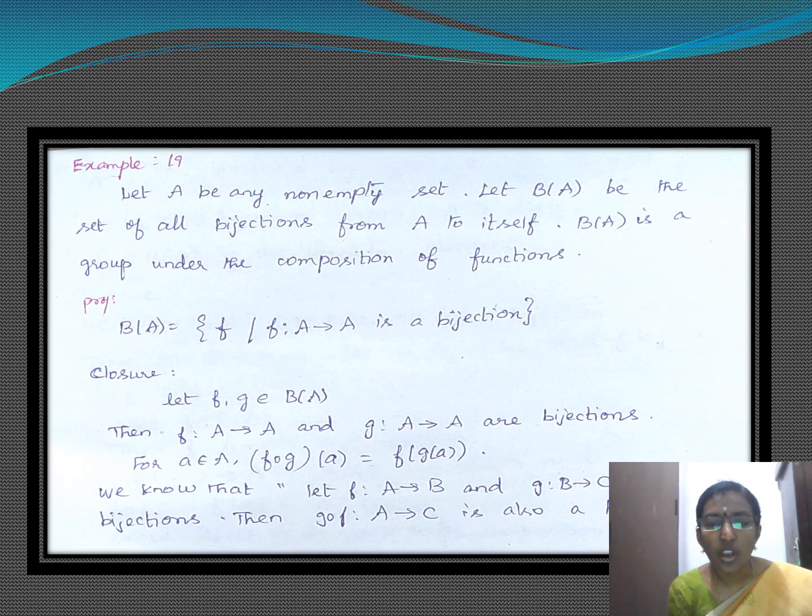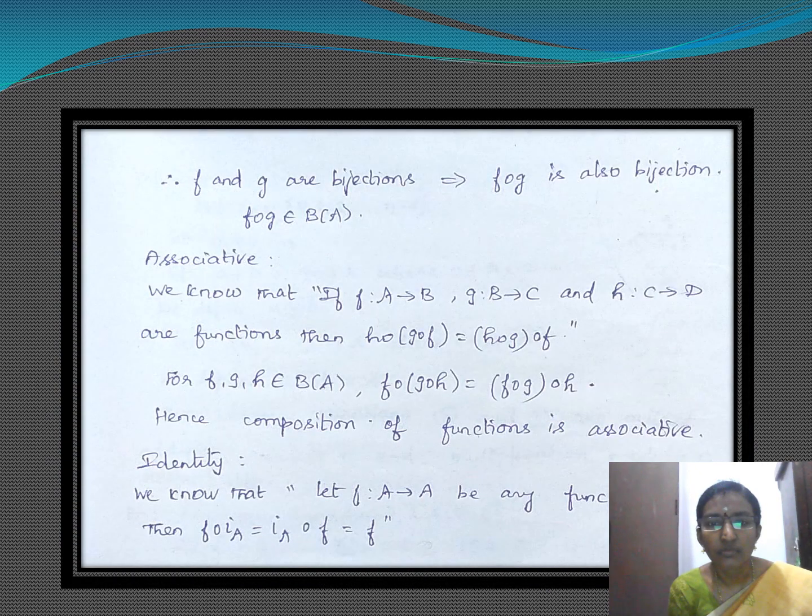Then g composite f from A to C is also a bijection. Since f and g are bijections, f composite g is also a bijection. Therefore, f composite g belongs to B(A).